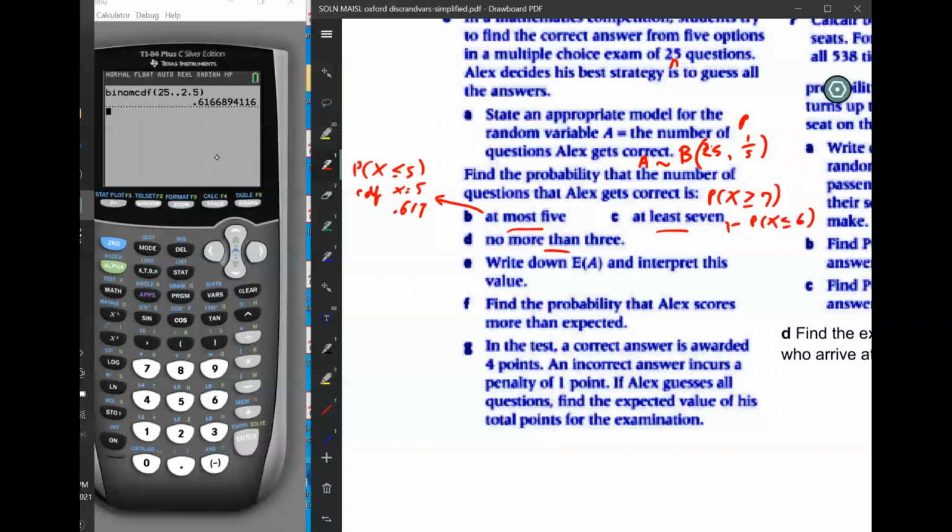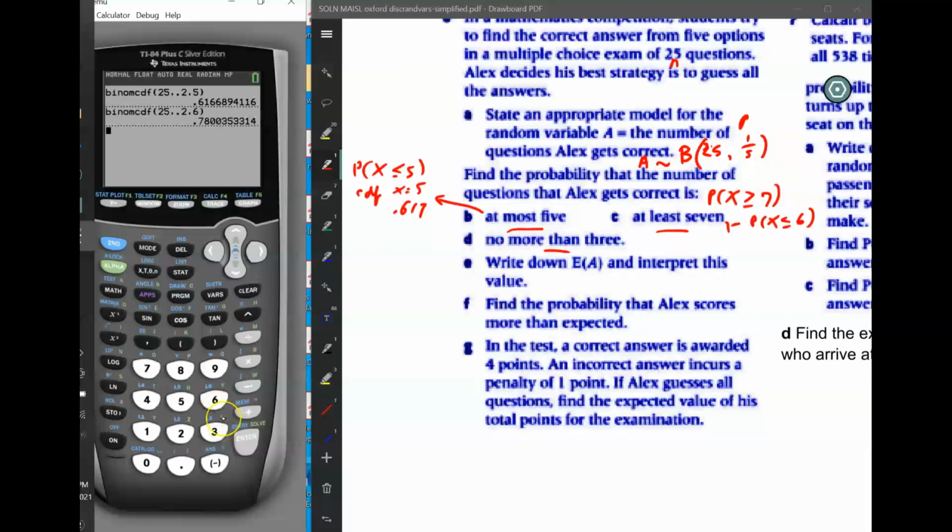How do we subtract off the numbers that we don't want? We do x is less than or equal to 6 because that subtracts off 0 all the way to 6. Okay, so what is this binomial CDF for 6? We could just copy this and replace 5 with 6, and that'll give us the answer for 6.